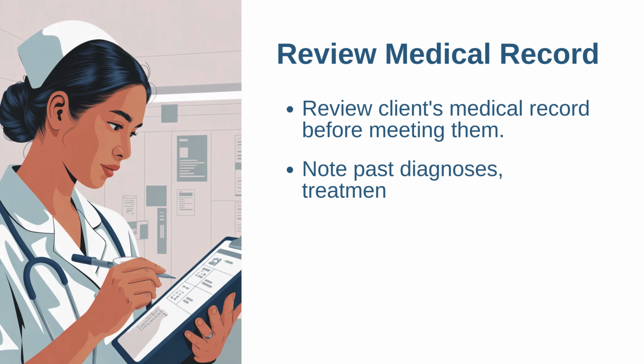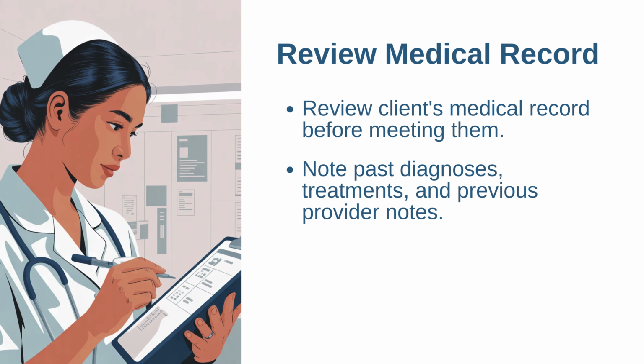As you review the medical record of your client, you note past diagnoses, treatments, and previous notes. Past diagnoses and treatments reveal ongoing or resolved conditions that may influence current health.